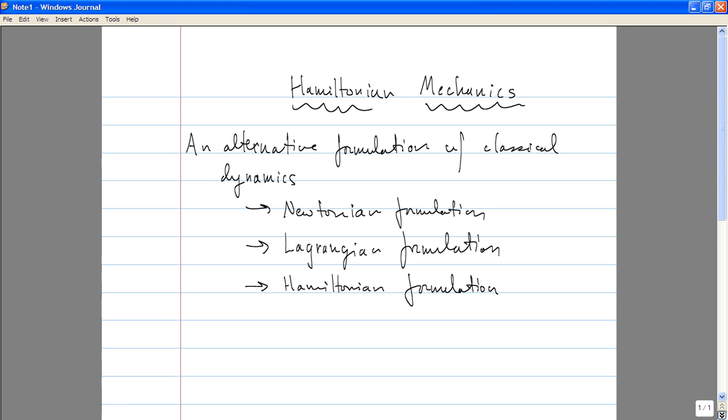Because of that, the Hamiltonian formulation is the formulation of classical mechanics that generalizes to quantum mechanics. There's a reason why you've heard of a Hamiltonian before, and that's because you've already taken quantum mechanics and learned about Hamiltonians. But that was all probably reasonably ad hoc and did not make too much sense.